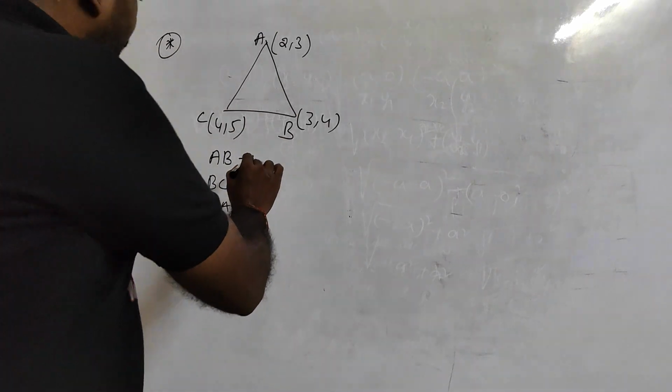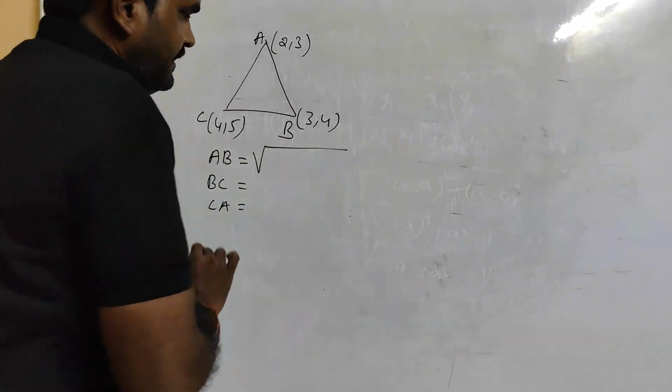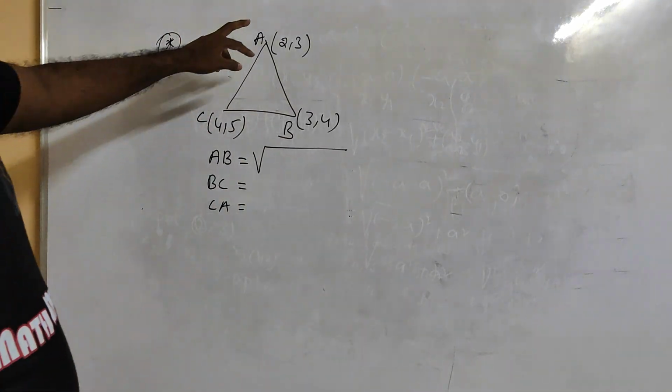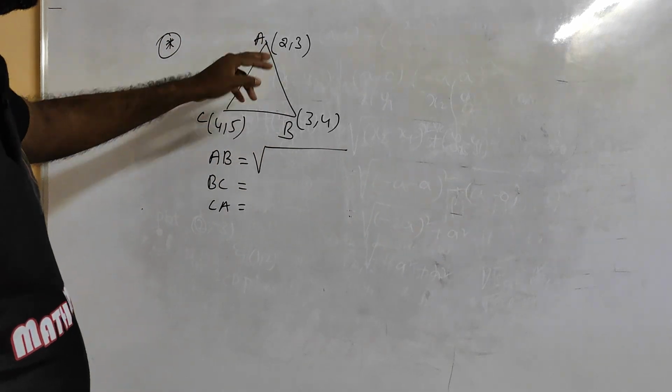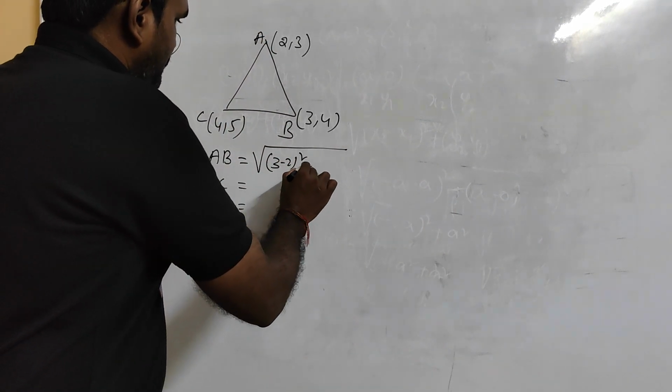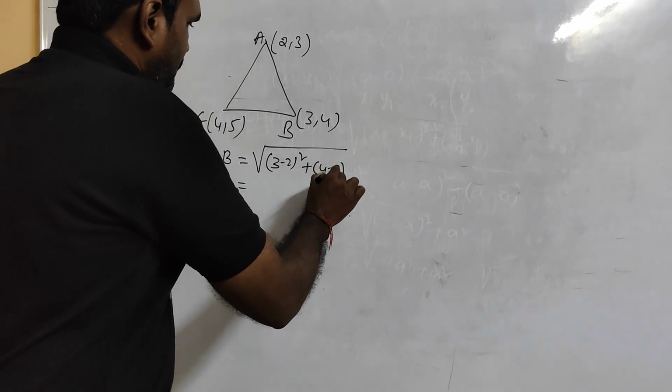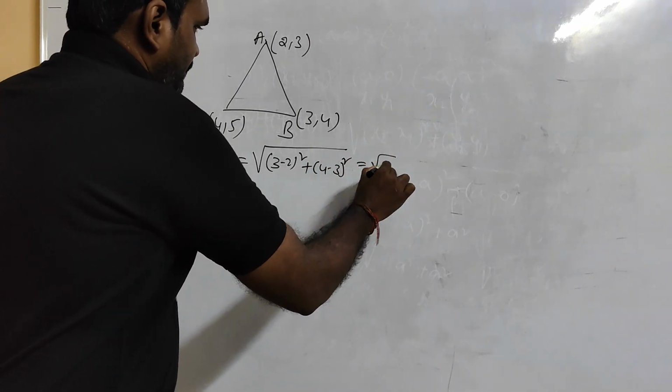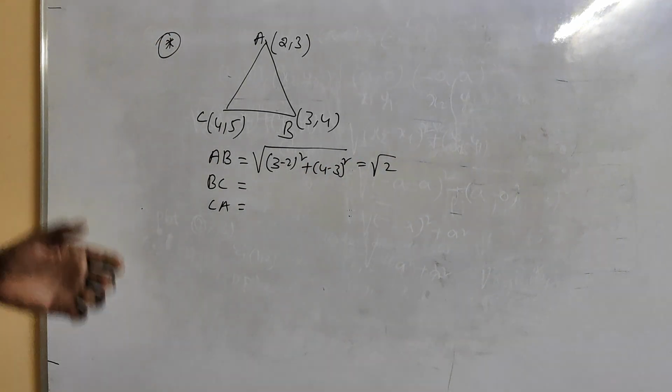Tell me what you will get for AB. I am doing it a little quickly. For AB you get the square root of (3 minus 2) whole square plus (4 minus 3) whole square, that is root 2. This I will get.